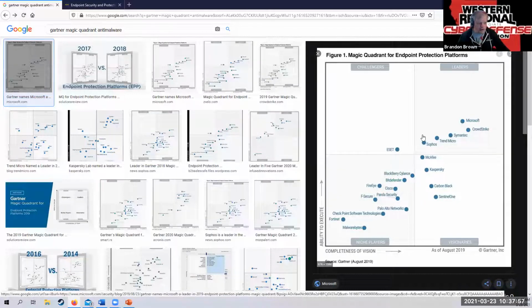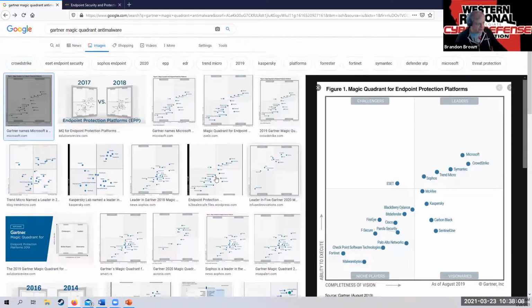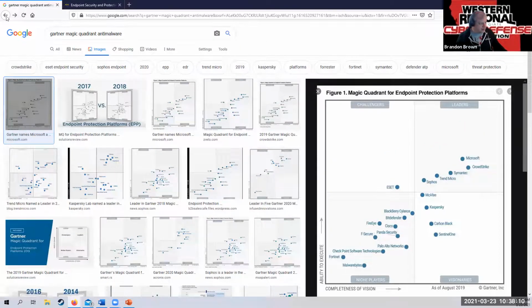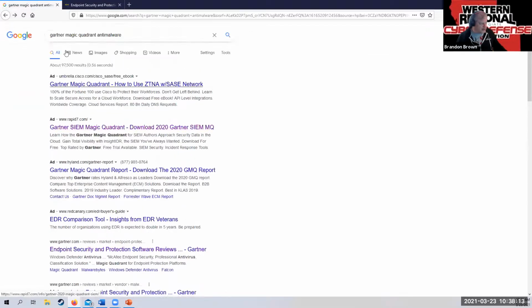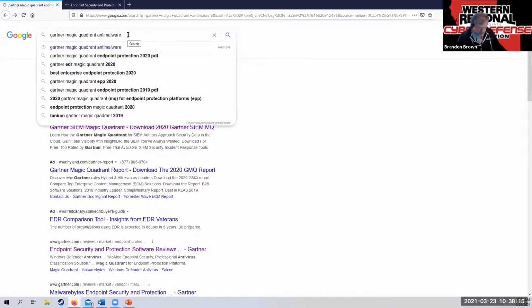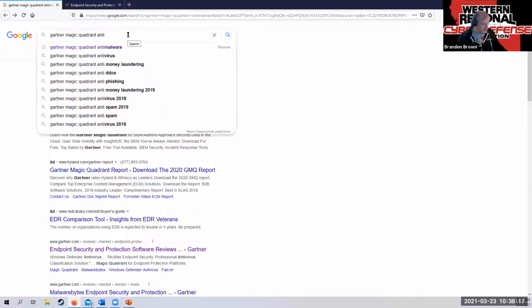But there are a lot of new players in this market, and there's a whole lot of endpoint systems that are not even on the chart. Let me go back here and change this from anti-malware to antivirus.